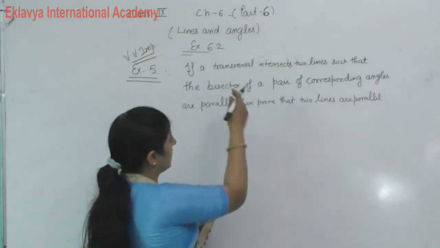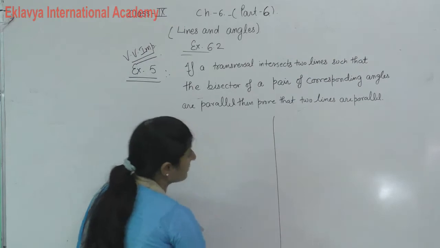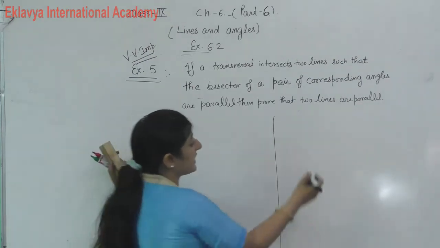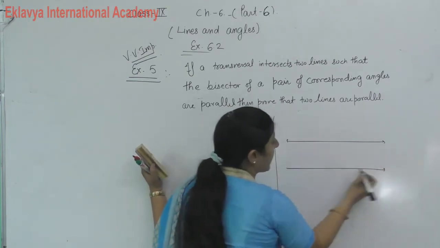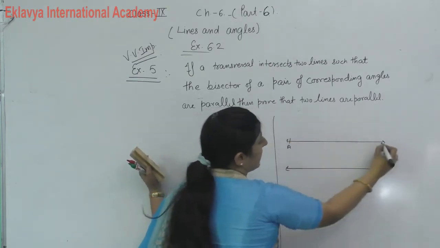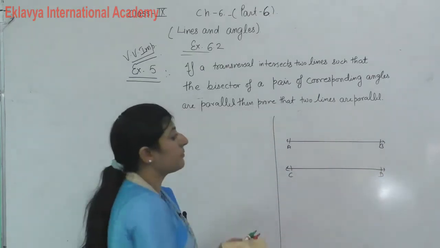What is the meaning of this question? If a transversal intersects two lines, here given to you are only two lines, not parallel lines, but we have to prove them parallel, so we take them directly as parallel.